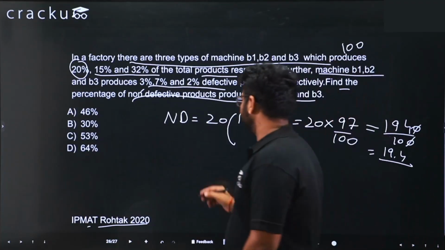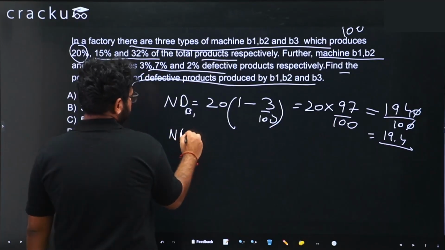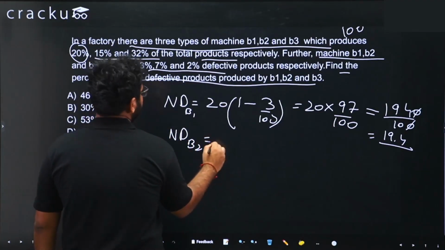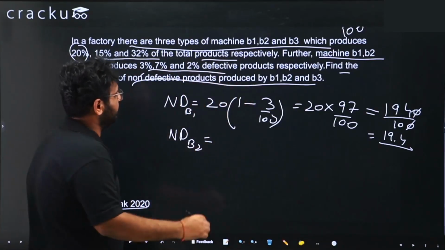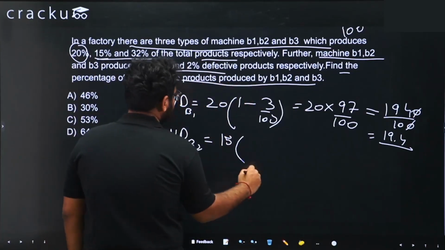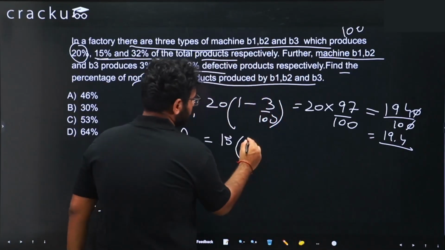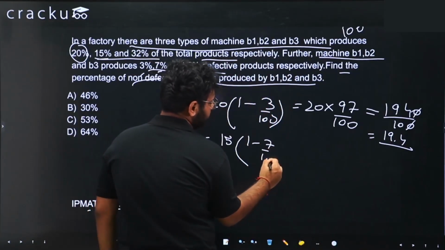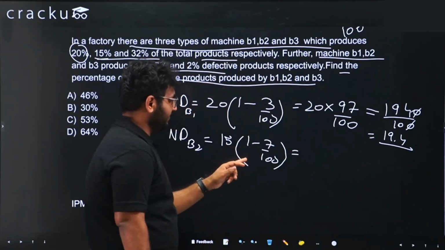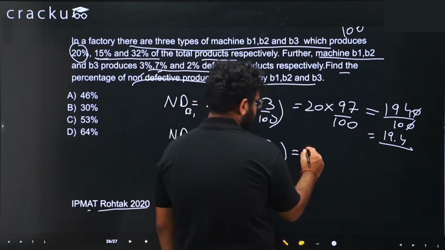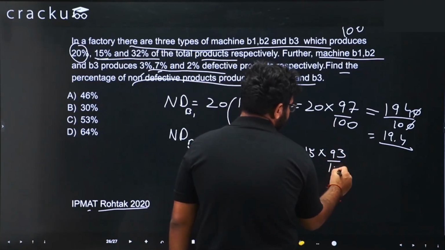Similarly for B2. So this is for B1. So B2 will be what? It is producing 15% of total, which is 15 out of 100. Non-defective: it is producing 7% defective, so 1 minus 7 by 100, which is 93 by 100. So 15 into 93 by 100.